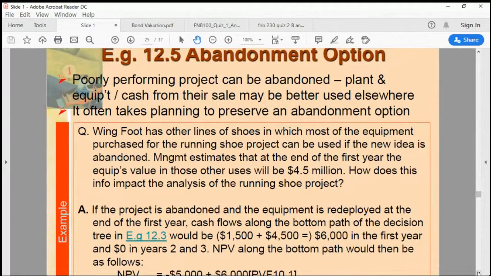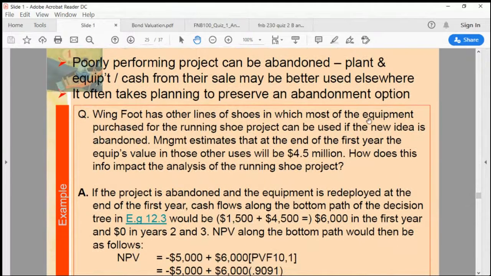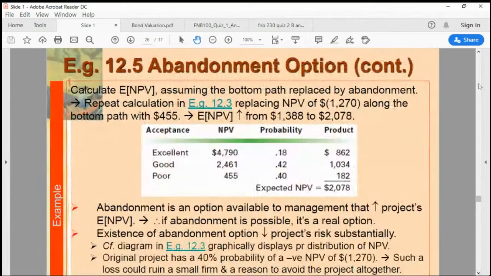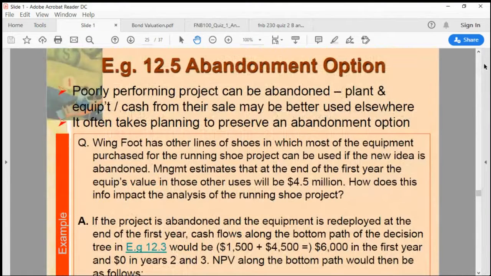A poorly performing project can be abandoned, right? If it is poorly performing, plant and equipment can be salvaged, or cash from their sale may be better used elsewhere. So it often takes planning to preserve an abandonment option in case it flops.